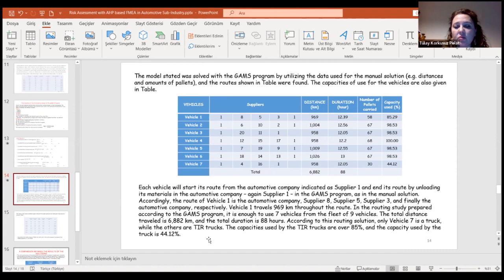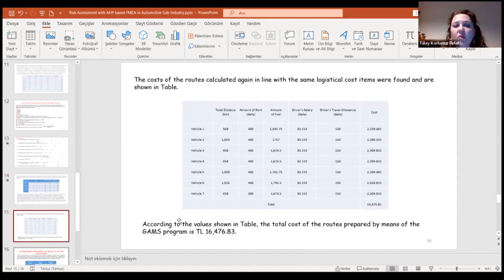The capacities used by the third trucks are over 85%, and the capacity used by the truck is 44%. The cost of the routes, calculated again in line with the same logistical cost items, was found and is shown in the table. And the total cost you can show.